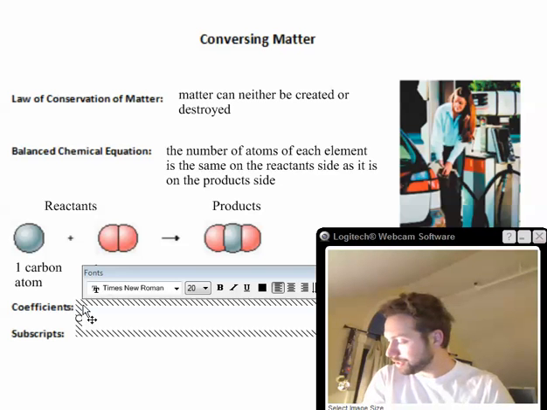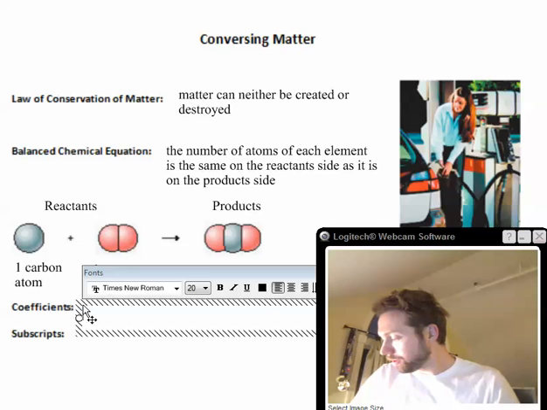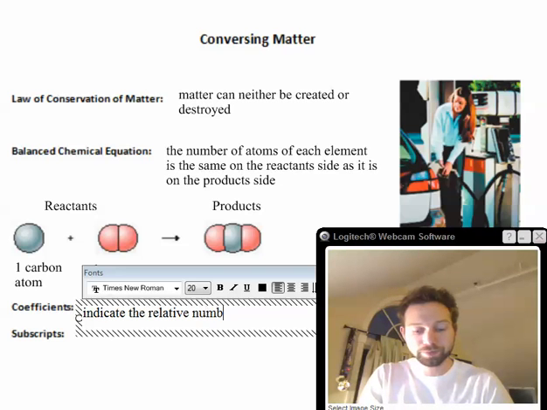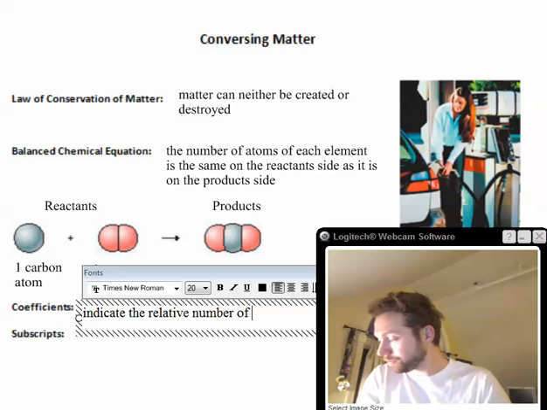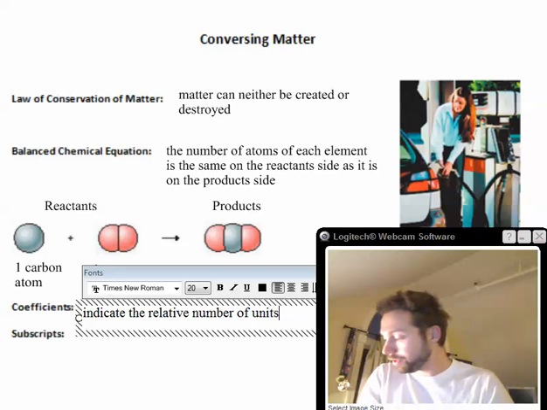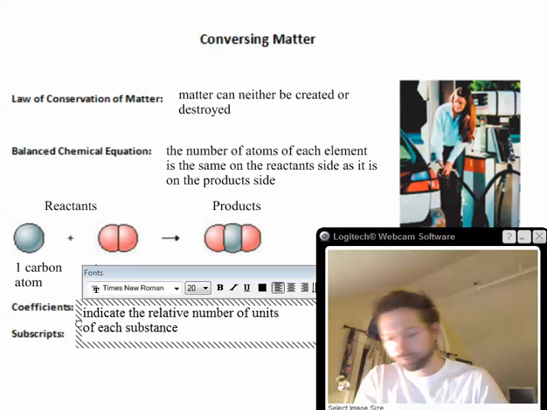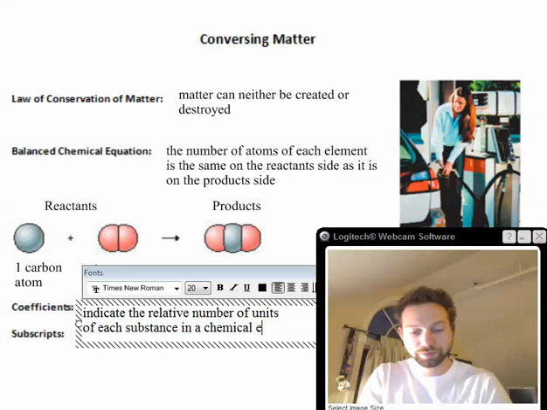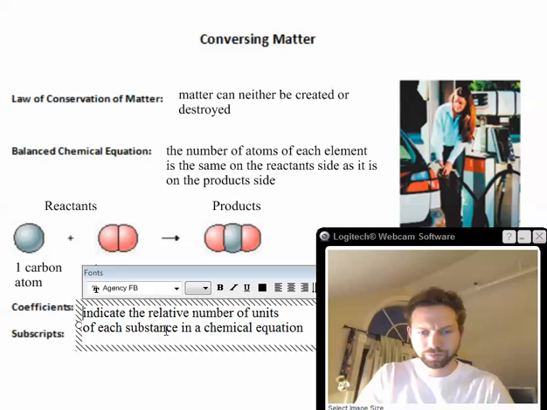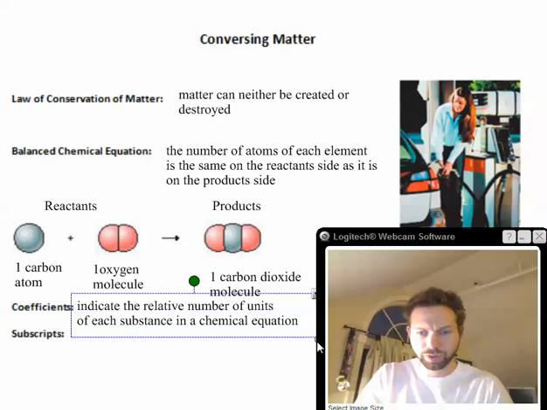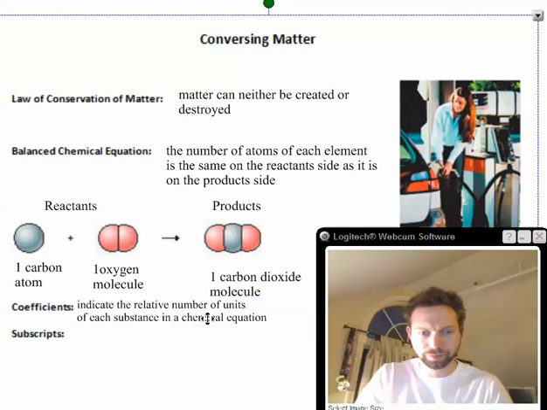Coefficients indicate the relative number of units of each substance in a chemical equation. Let me make that a little bit smaller.